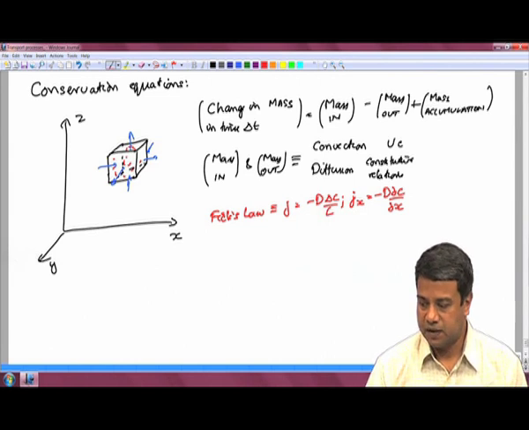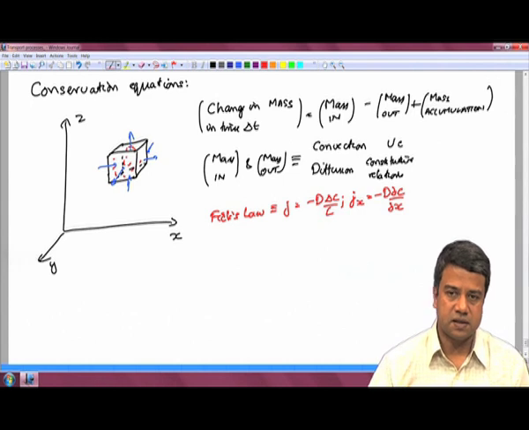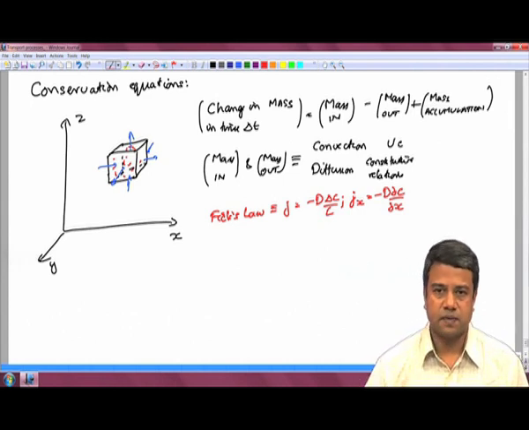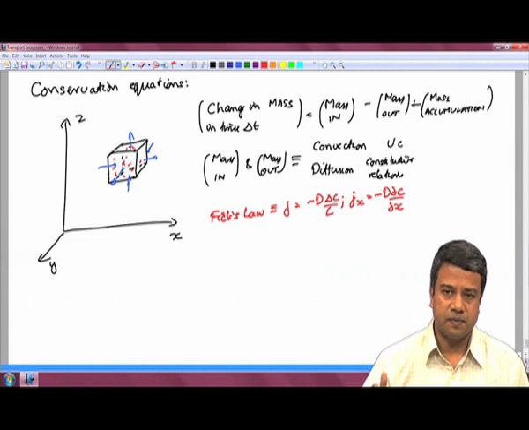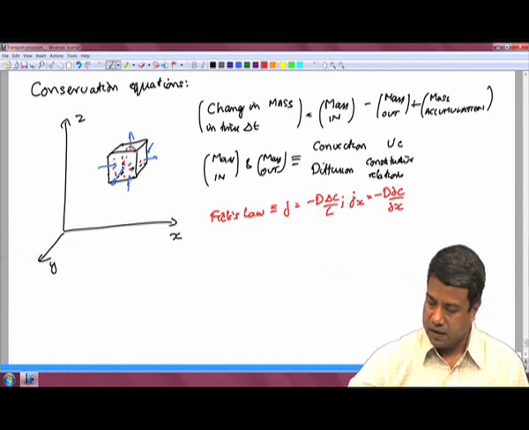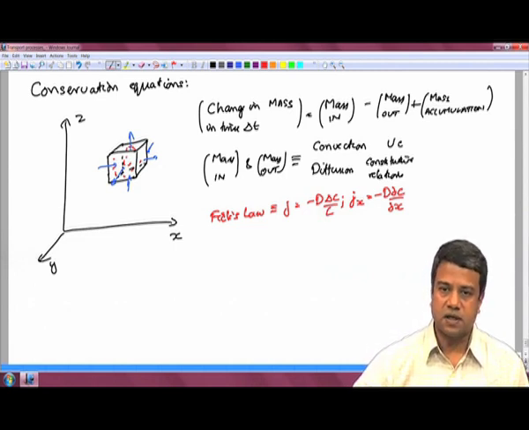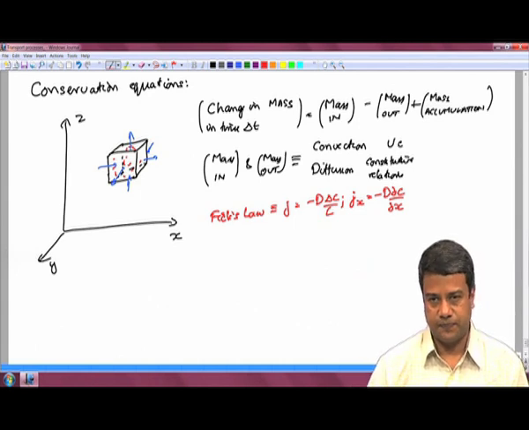Note that the convection term just contains the concentration at that location itself, whereas the diffusion term contains the derivative of the concentration. It contains the spatial variations of the concentration. Therefore, the change in mass in a time delta t can be written as the time derivative, and these convection and diffusion terms will contain spatial derivatives. So, we will end up with a partial differential equation for the concentration field.